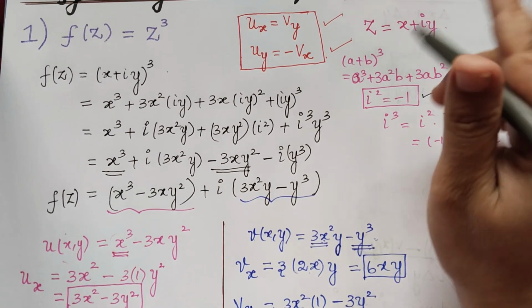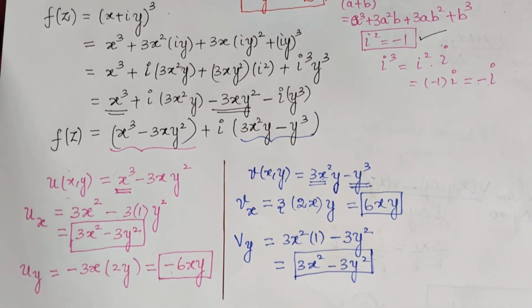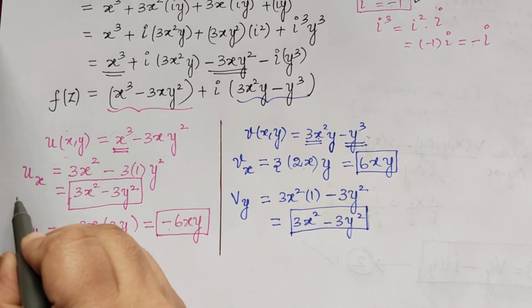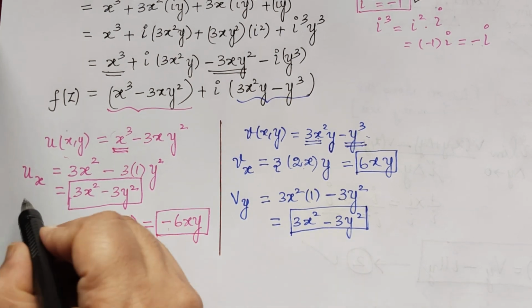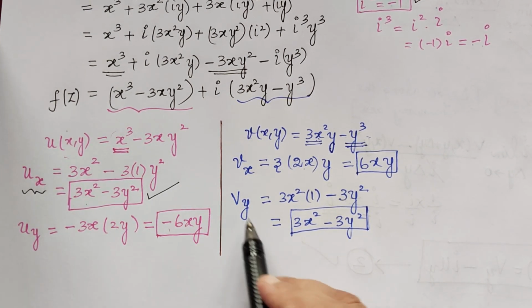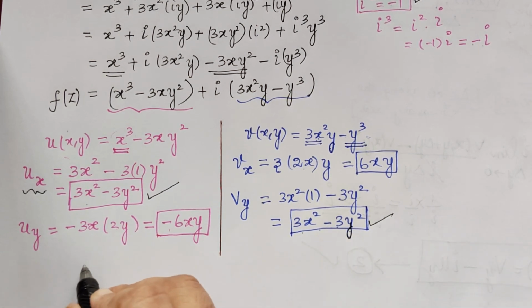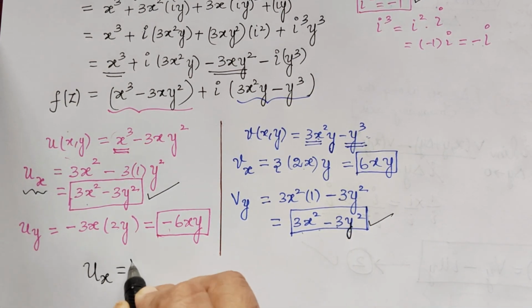Now we shall check whether it satisfies the CR equations, that is the Cauchy-Riemann equations. The first Cauchy-Riemann equation is ux is equal to vy. So let us check here. What is ux? It is 3x square minus 3y square. vy is 3x square minus 3y square, which means ux is equal to vy.